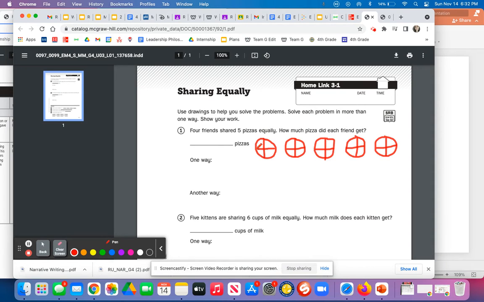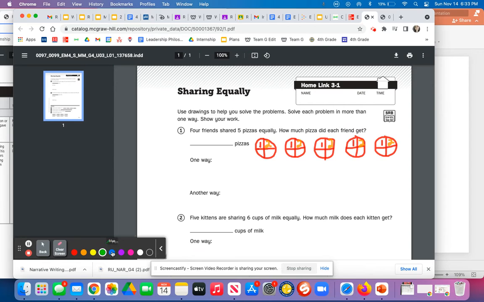Okay, and then I'm just going to divvy up each of these pieces. Each friend can claim 1 piece from each of the wholes. So friend 1 gets a piece from that pizza, and a piece from that pizza, and this pizza, and this pizza, and this pizza. And then friend number 2 gets a piece from the first pizza, from the second, third, fourth, and fifth pizza.